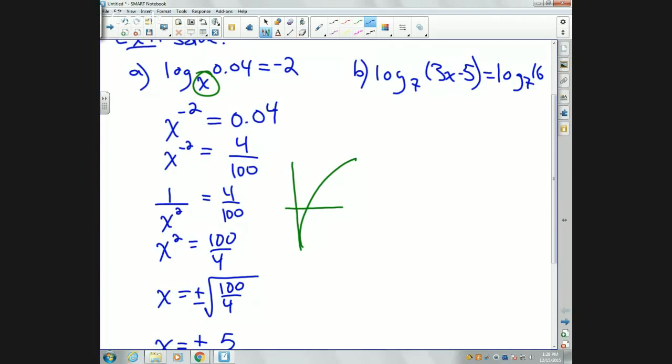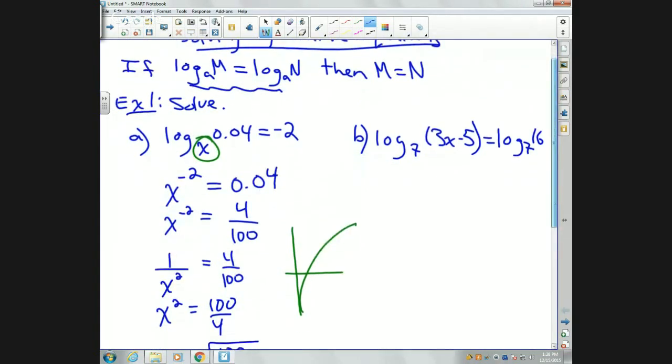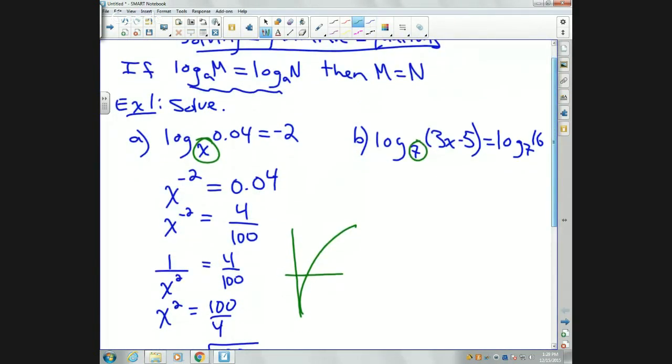This is a situation where we have the log on both sides. The bases are the same, so the only thing that's different in these two equations is what we're taking the log of. So those two things must equal each other. Now we can solve this equation, and we get x equals 7.